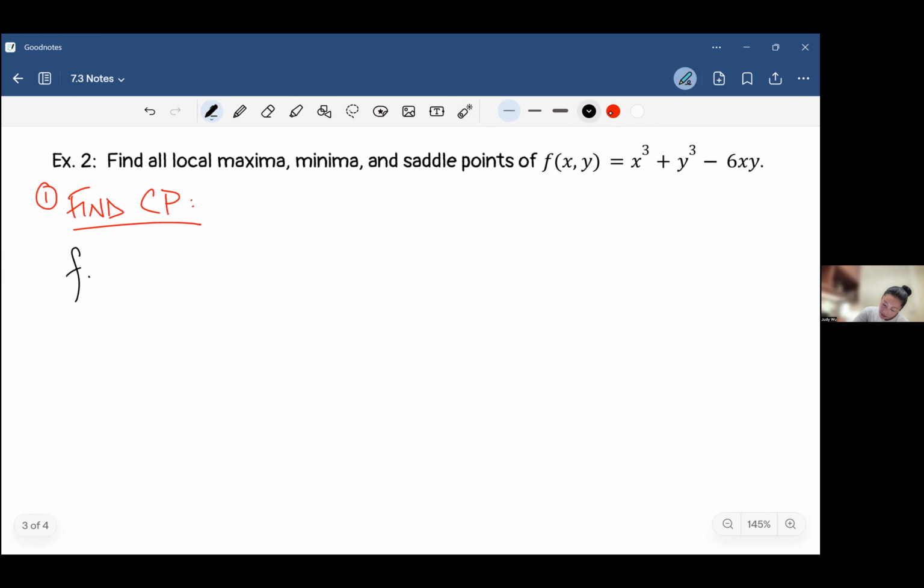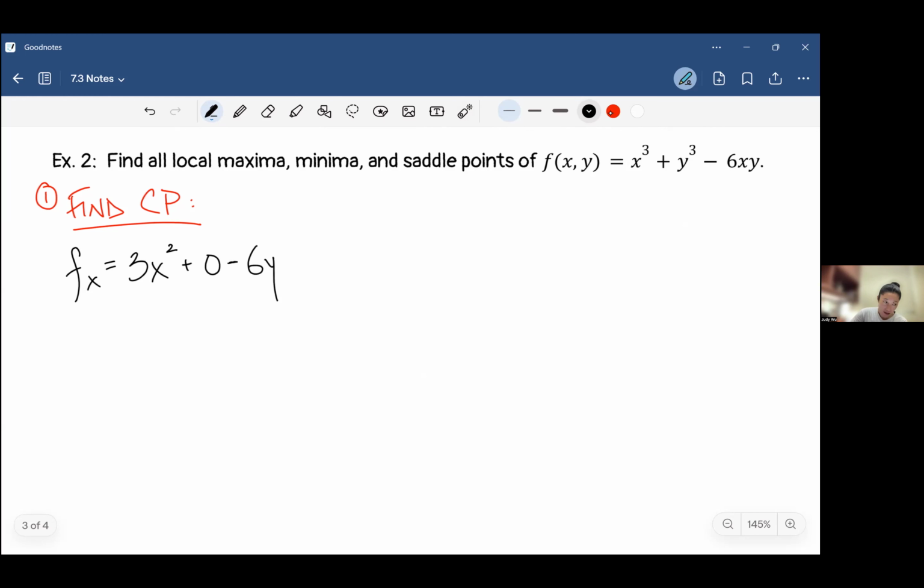So fx equals, all right, x cubed, the derivative is 3x squared. Y cubed, the derivative is 0 because we're treating y like a number, minus 6xy just becomes 6y because the x goes to 1.